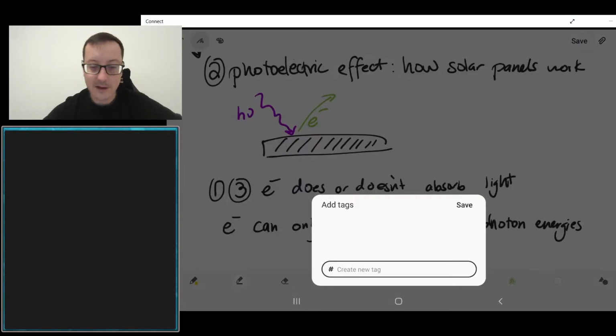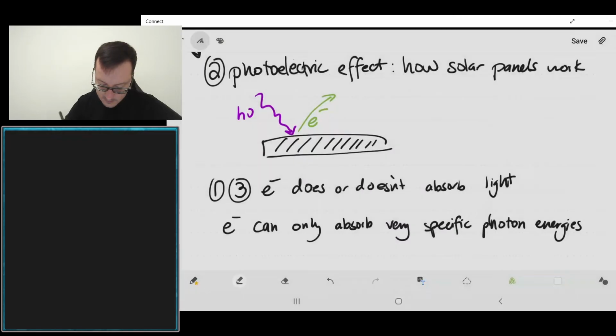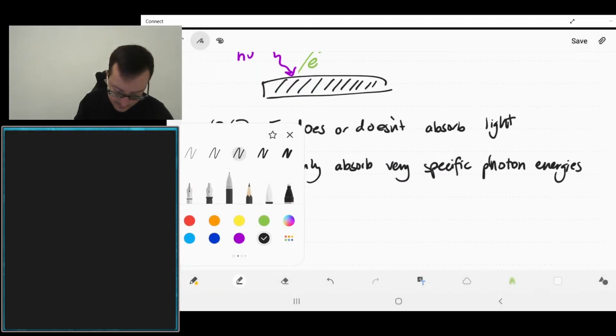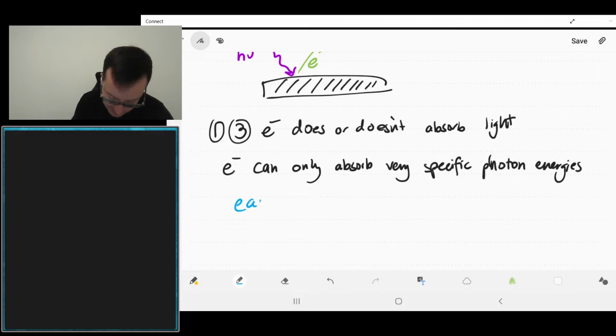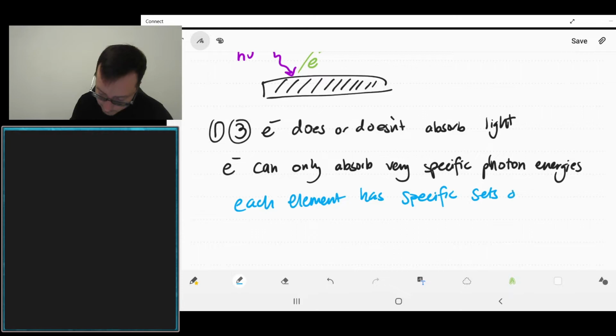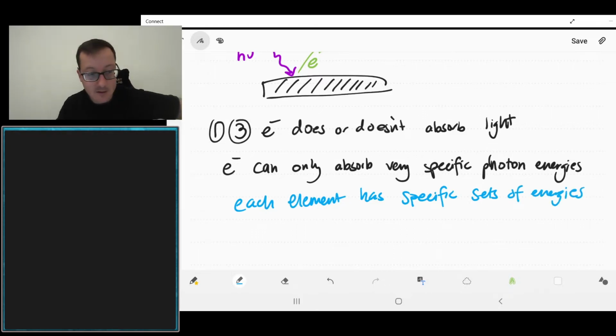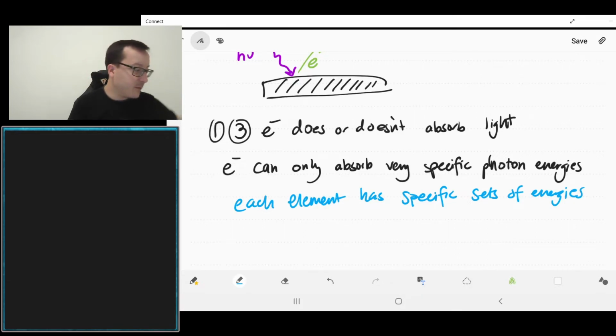And let's go back here. The important part is each element has specific sets of these, and all of the elements have different ones. So what may be absorbed by a hydrogen atom may not be absorbed by the bismuth atom or the thallium or whatever.